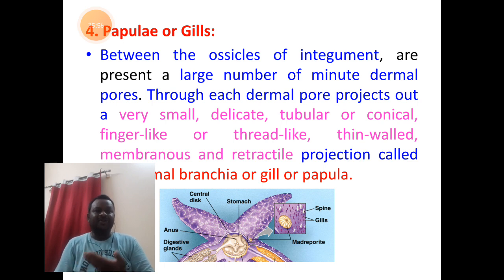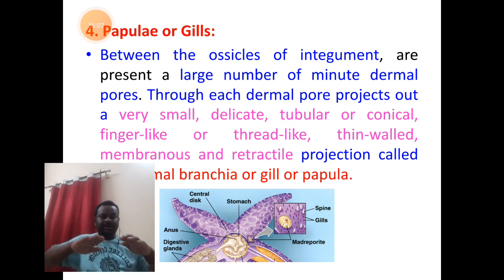Between the ossicles of the integument, there are a large number of minute pores of the skin. If this is one ossicle and this is another ossicle, between these two ossicles there is an opening which we call a pore. From this pore there arise minute projections outside.